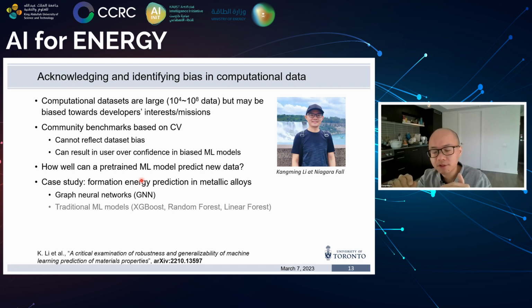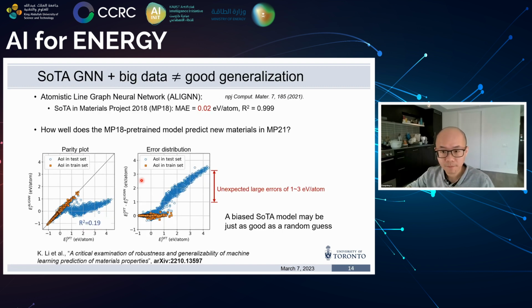So here we perform such a case study on the formation energy prediction of the metallic alloy. In this study, we have looked at both the neural network and traditional machine learning model, but in the following, I will only talk about the performance of the neural network for simplicity. So we use a neural network called the Align model.